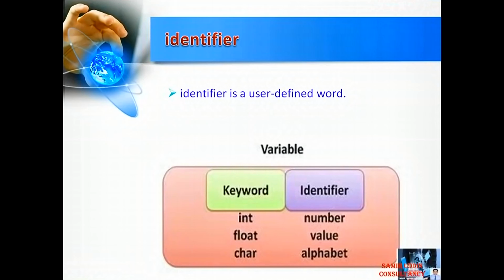Here you can see int number, an integer type which is a number; float, which has a value; and char, which has some alphabet.